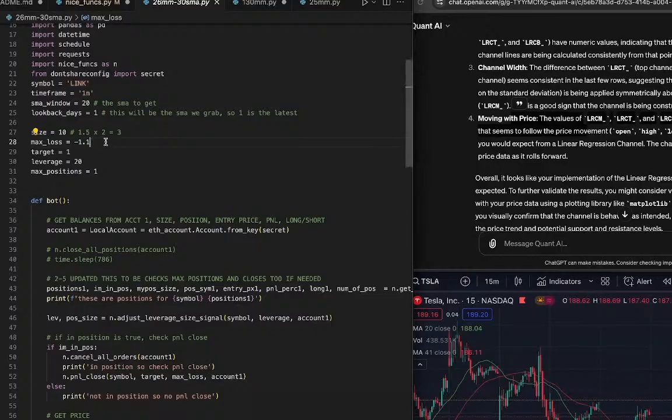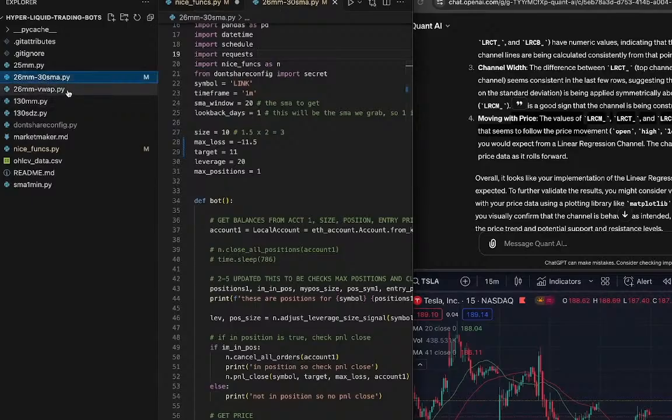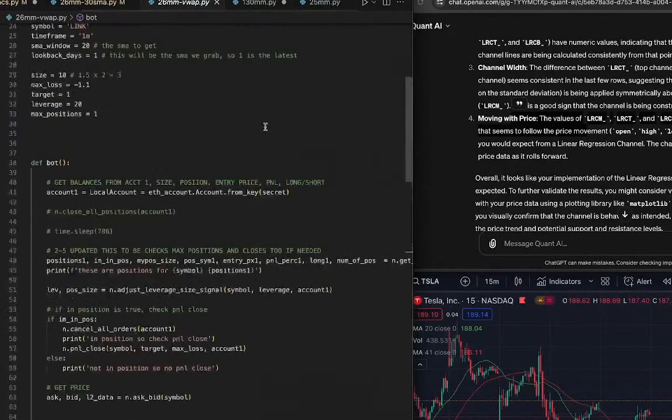So I'm going to change this here to 11.5. I typically don't use this much leverage, but for this specific use case, I am. I'm going to change that, and the other one, the 26 VWAP here. Then I need to update it on my server.